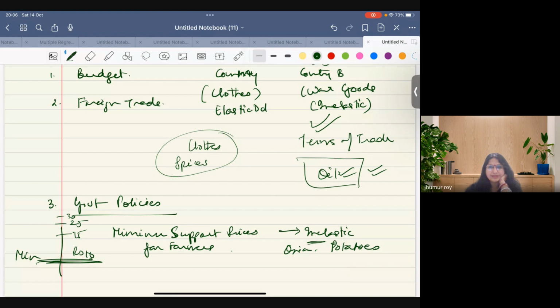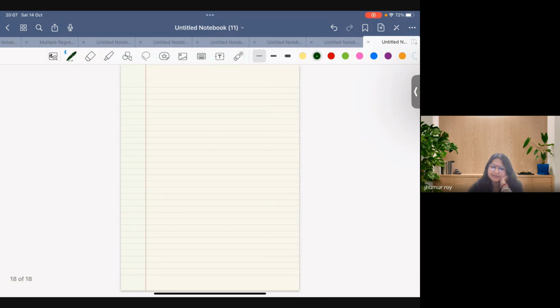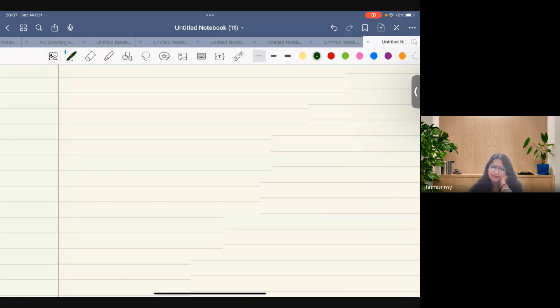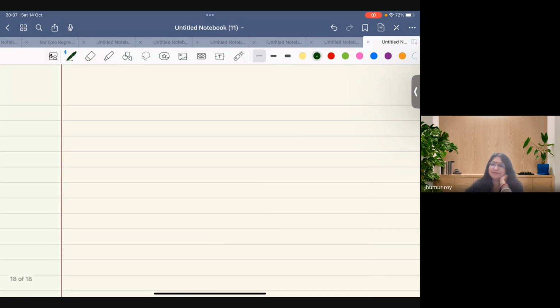In that I will be doing one question about the regression methods which are used, so that you all can easily understand how to do the question. Okay, any questions on price elasticity? I hope it's clear to everyone.